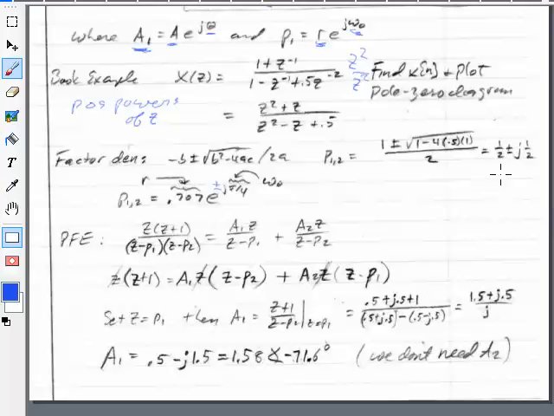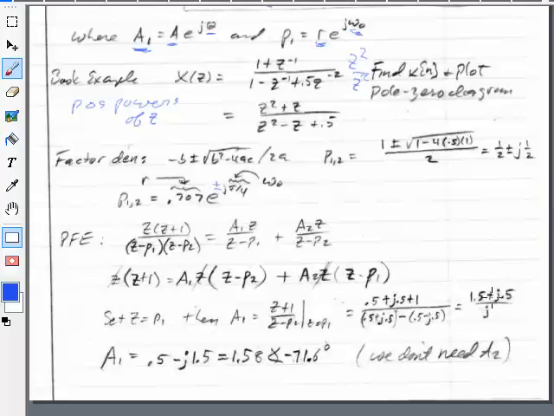Plugging in what P1 is, it's just a little complex arithmetic. P1 is 0.5 plus or minus j 1/2, but we're taking the positive root, and we add that to 1, and we get 1.5 plus j 0.5. And then in this whole denominator, we've got P1 minus P2, and the only thing left is the j term.